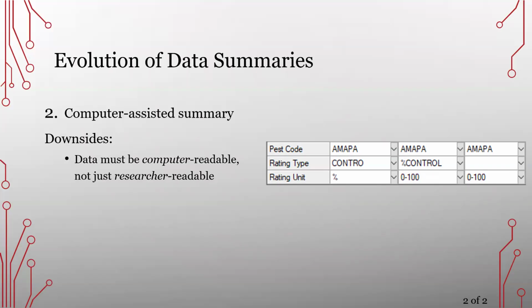And the problem being, we can see each of those and know instantly that those are the same thing. A computer is not going to do that. When you go to summarize, it's thinking those are totally different data sets, different things that shouldn't be combined. So you have that problem to deal with.